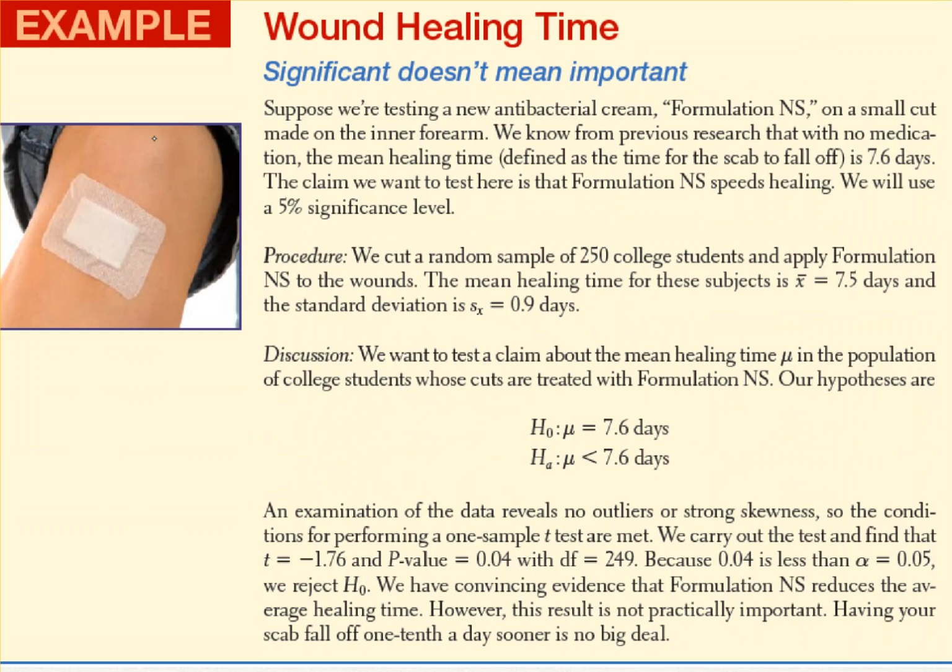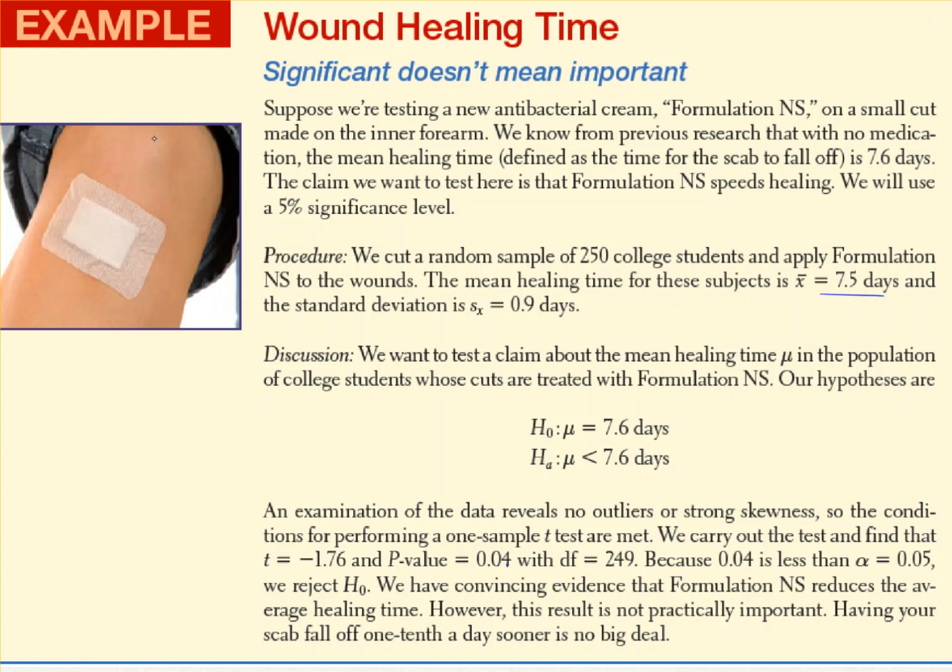We know from previous research that with no medication, the mean healing time is 7.6 days. The claim we want to test is that formulation NSB speeds healing. We will use a 5% significance level. So we do a random sample and find that the mean healing time for these students is 7.5 days. Standard deviation is 0.9. You run through everything, do a t-test, and find the p-value is 0.04, so it is convincing that the mean healing time was less than 7.6 days.